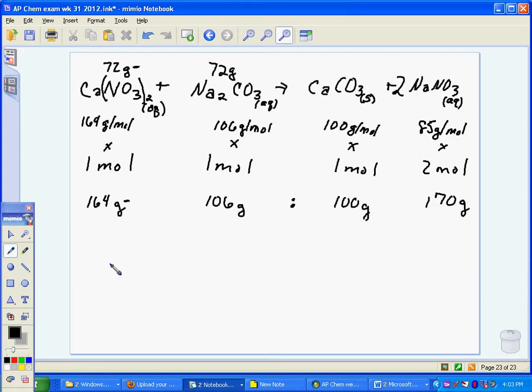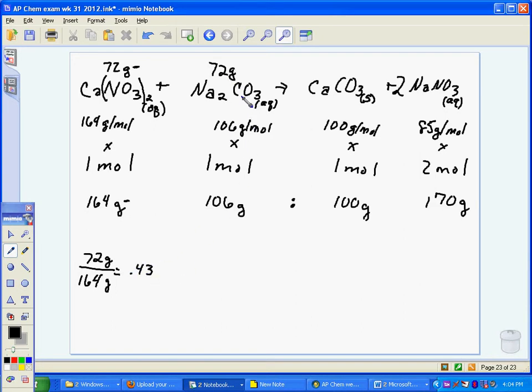I've got to multiply everything in here by a third in order to make 1/3 of the cake. Now, that was just a fake number, so let's see what we actually have here. We're given 72 grams of this calcium nitrate. In our perfect little standard world, we would have 164 grams. So the ratio of what we actually have here is about 0.43.